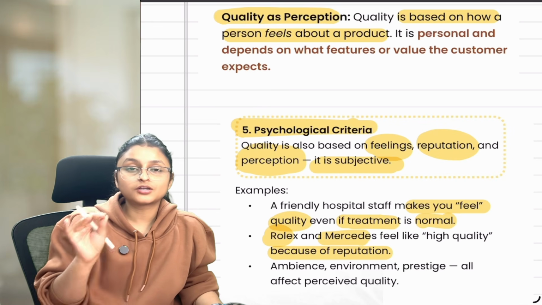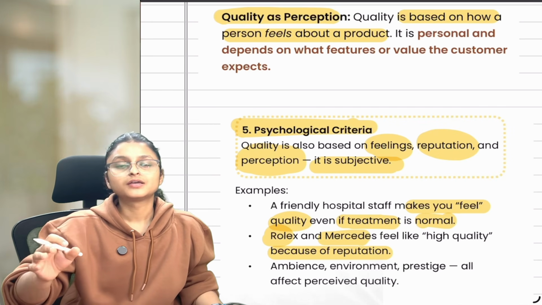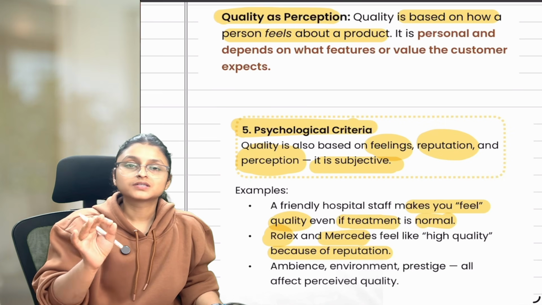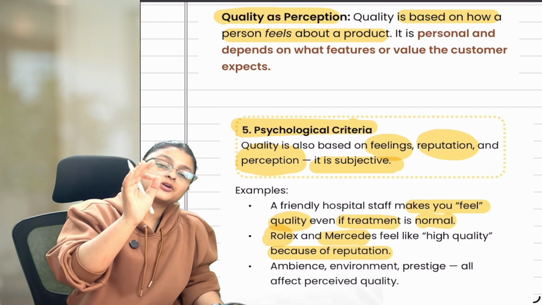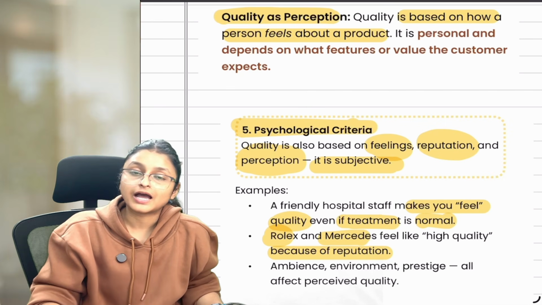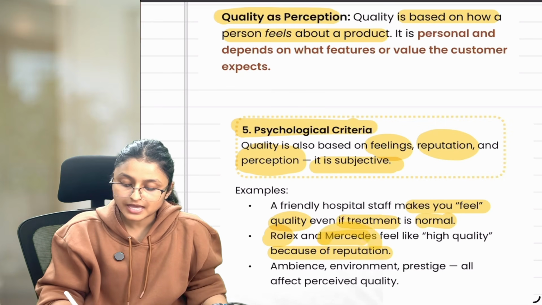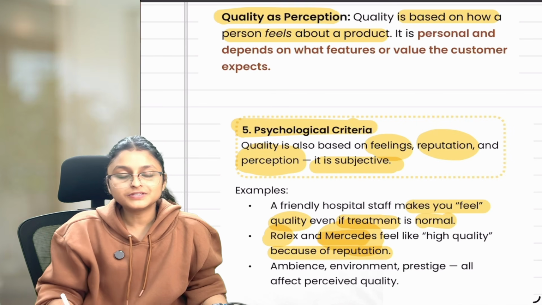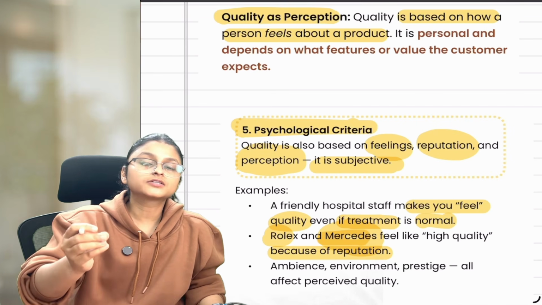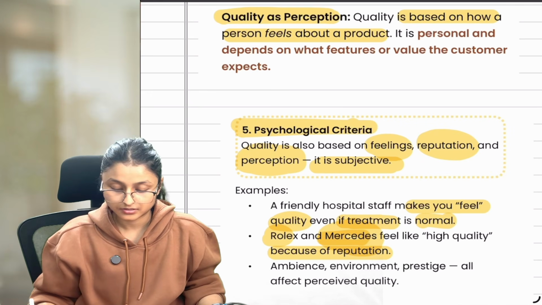Think about it. A normal watch and a Rolex watch both provide the same function, but we feel that one is a quality product and the other is not, just because it gives us a good reputation. Similarly with Mercedes. We feel that it is a quality product even if it provides the same service as another product.